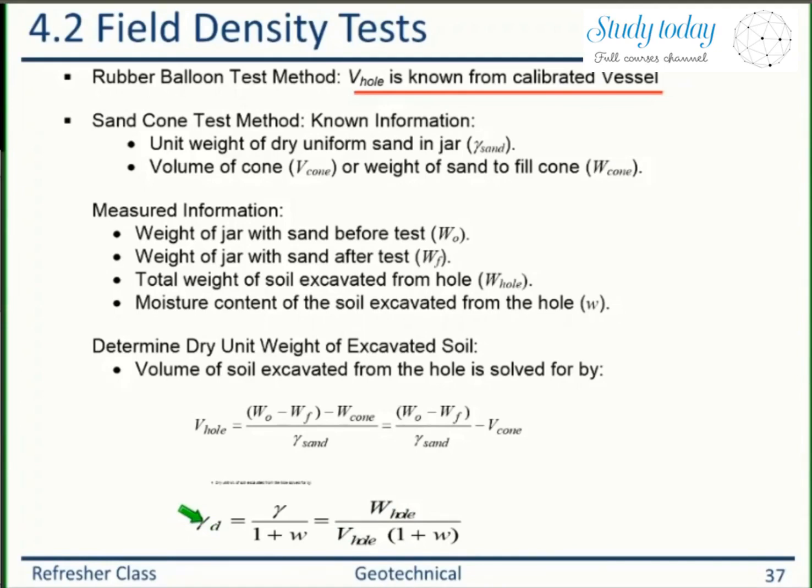It could be standard Proctor or modified Proctor. When you compare the gamma D from the field to the gamma D from the lab, that will give you the relative compaction, which tells you the level of compaction achieved in the field by using the rollers or whatever methods you are using for compaction.